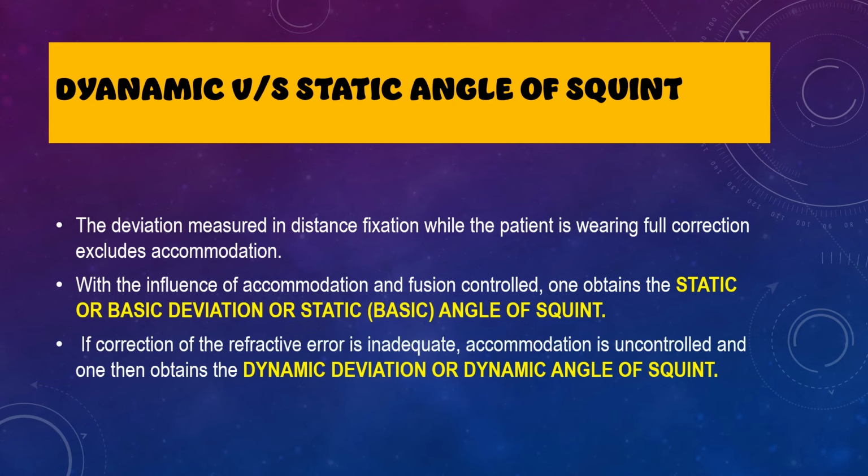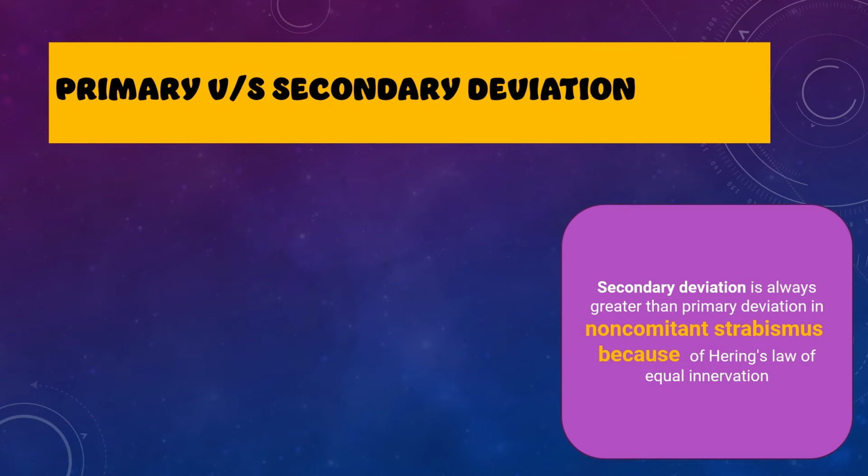However, if the correction of the refractive error is not adequate, or we are measuring the angle of deviation without the correction, then the accommodation is obviously not controlled, and the angle of squint that we get is called the dynamic angle of squint. Now, usually for the purpose of surgeries, it is the basic deviation or the static deviation which is measured.